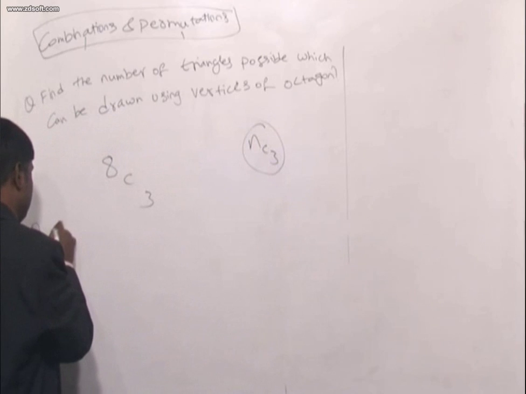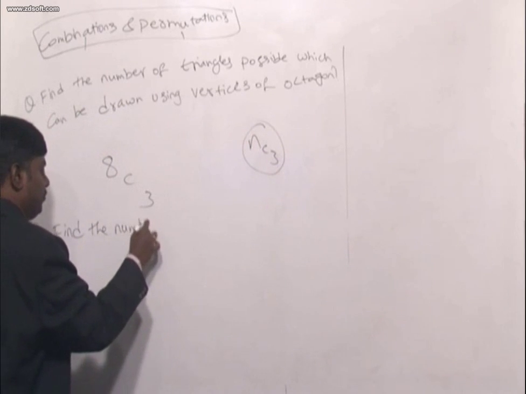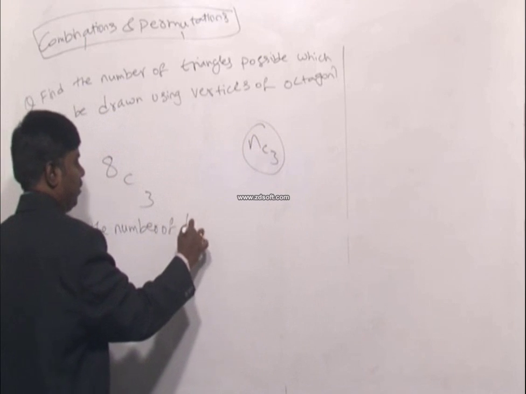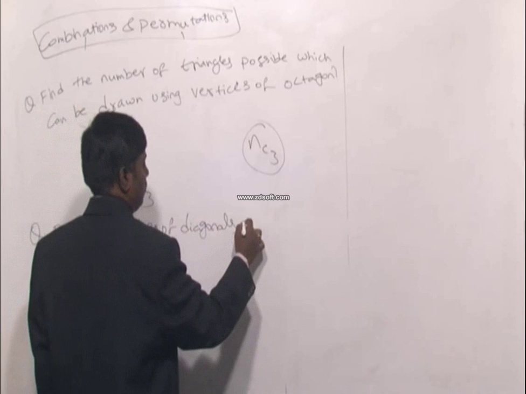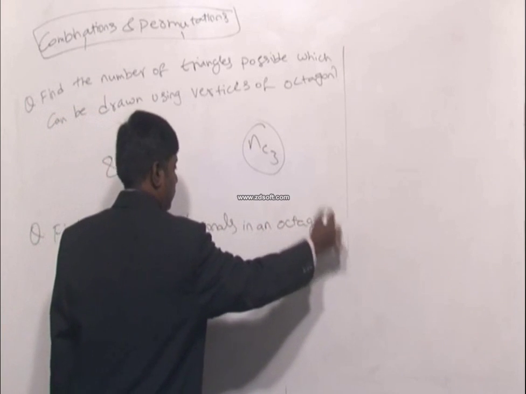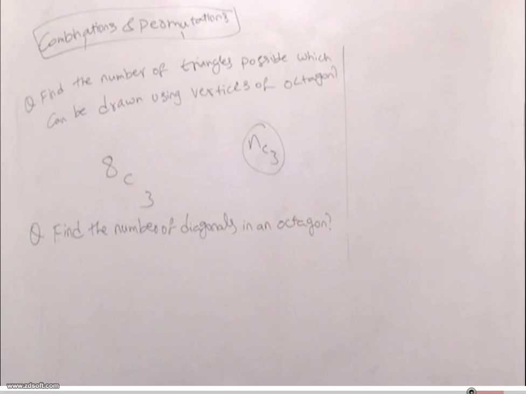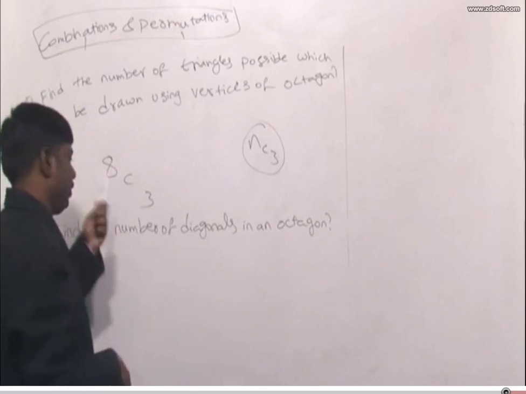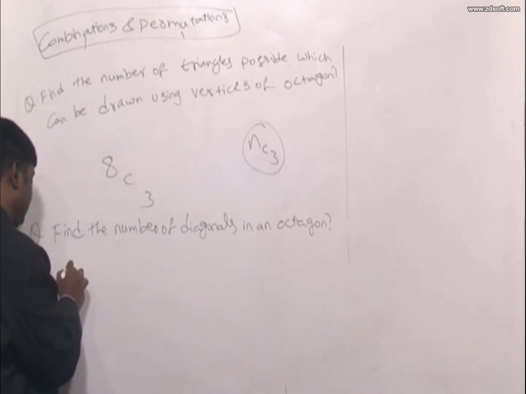Let us take a similar question. Find the number of diagonals in an octagon. Try this problem. Okay. Now when you consider number of diagonals in an octagon, what is a diagonal?